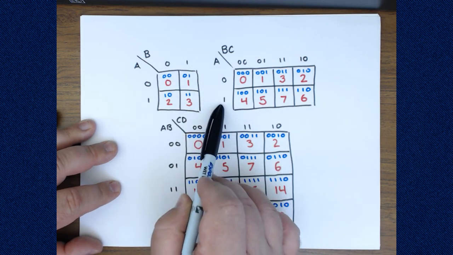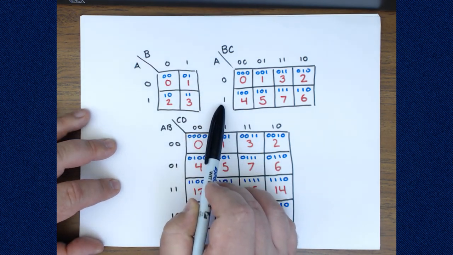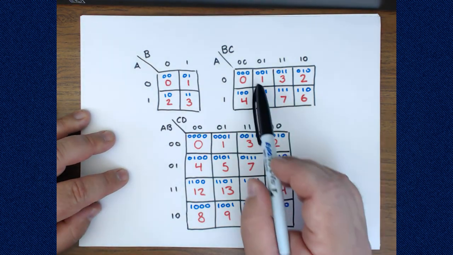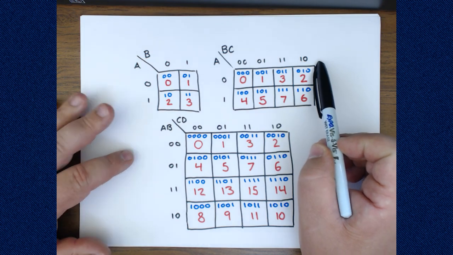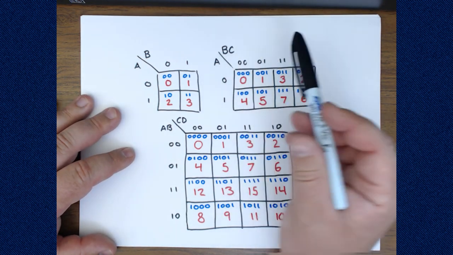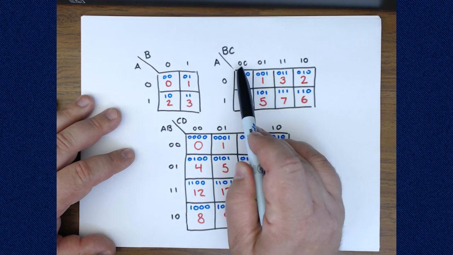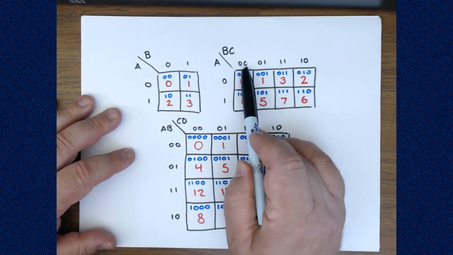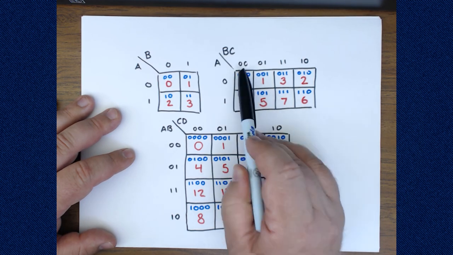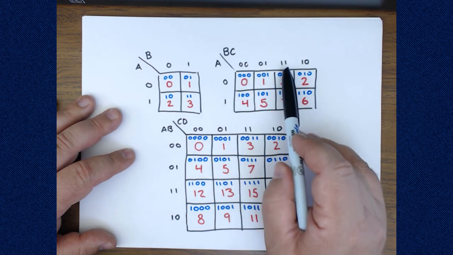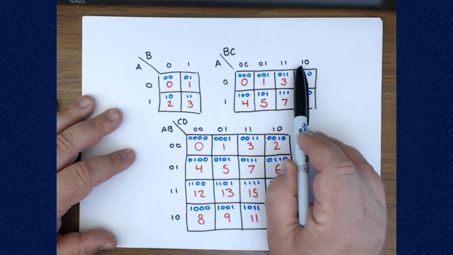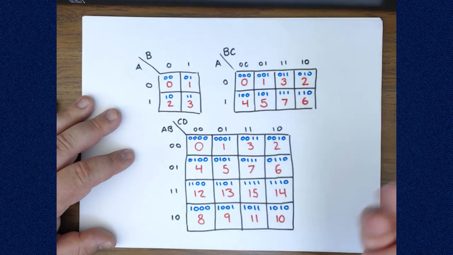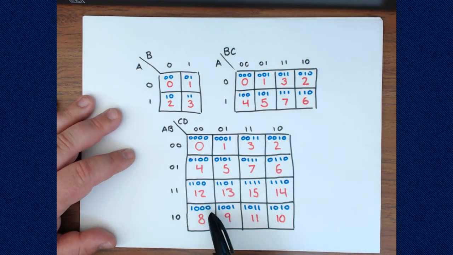We have the same vertical dimension here for this 3-variable function, but the Karnaugh map for it would have to extend horizontally, so that in this one dimension, we actually have variance over 2 variables, so B and C. And each of these 2-digit bit patterns that you see here represent a B and a C value. So this column means B is a 0, C is a 0. This column means B is a 1, C is a 1. And this column means B is a 1, C is a 0, and etc. for the other column.